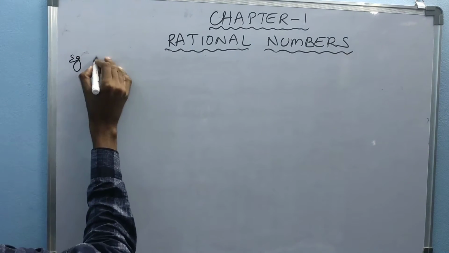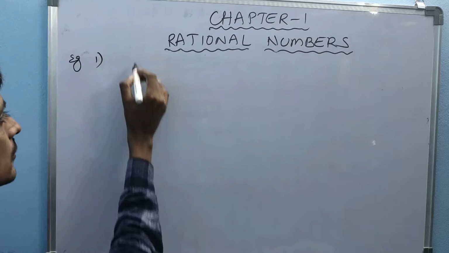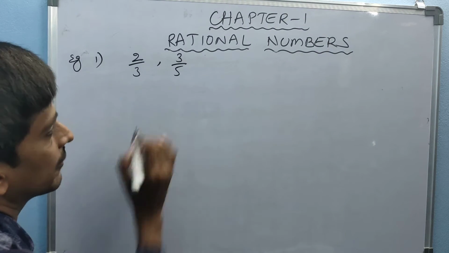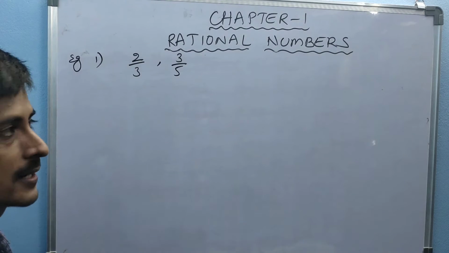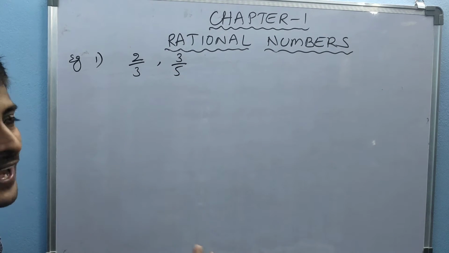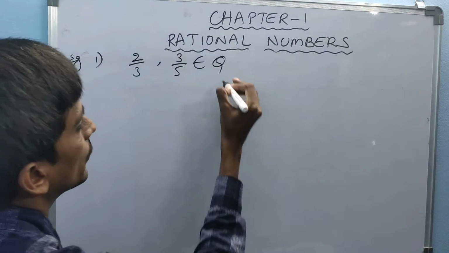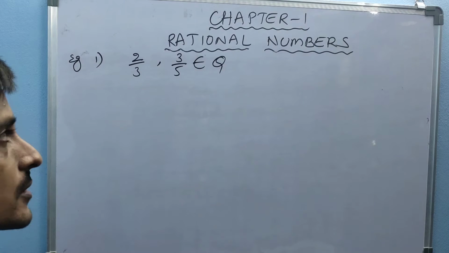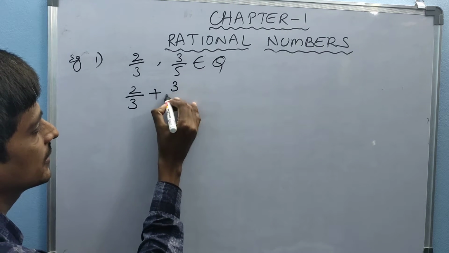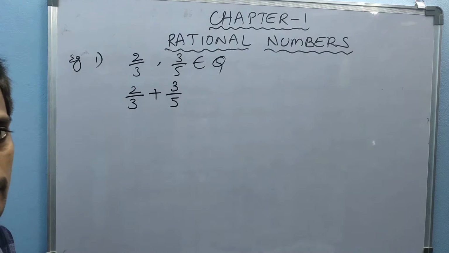Example 1. For example, 2 by 3, 3 by 5 are two rational numbers. Because these are in fraction form, all fractions are rational numbers, belonging to Q. 2 by 3 plus 3 by 5.